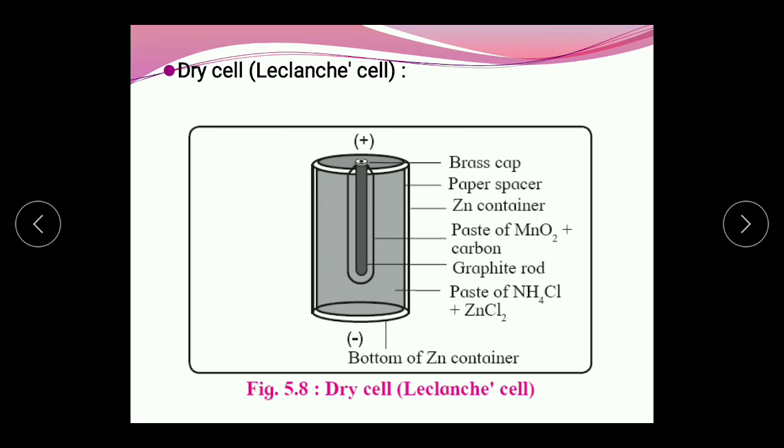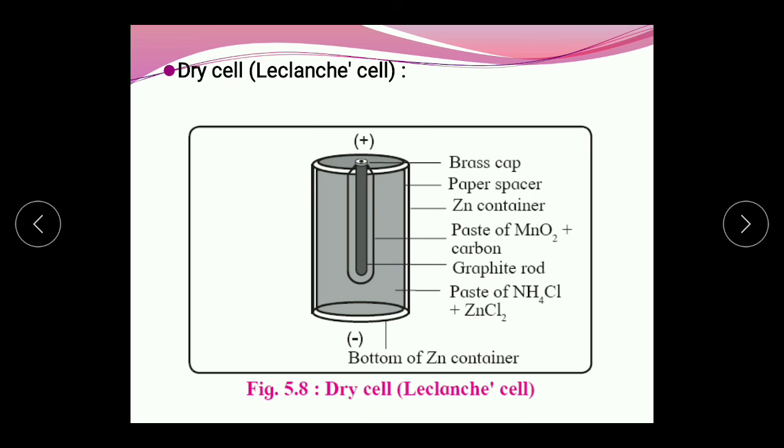And this paste is thickened by using some starch so that the paste becomes somewhat thick and hence leakage is controlled. The upper part of the container is sealed. There is a brass cap given at the upper end of the graphite rod, which is open, which is better for connection. Hence, the positively charged cathode and negatively charged anode are separated. So, this is all about construction.